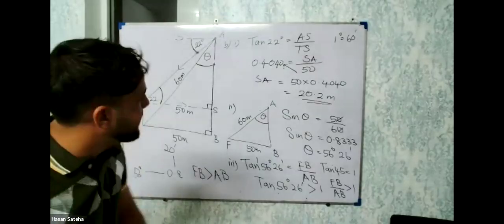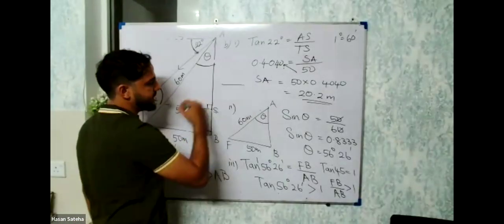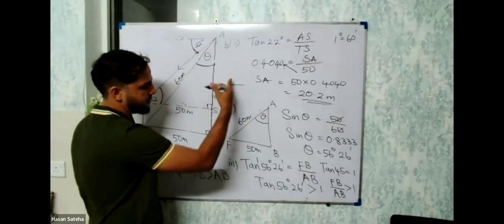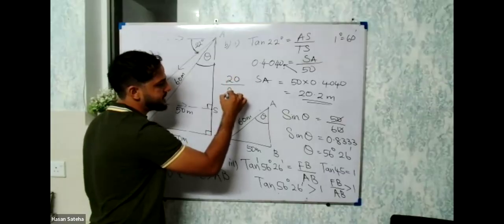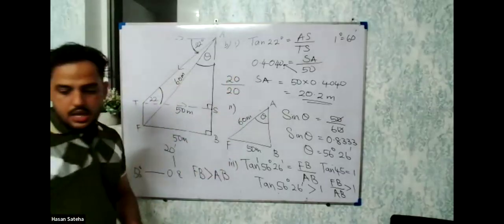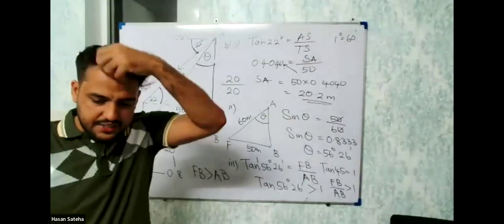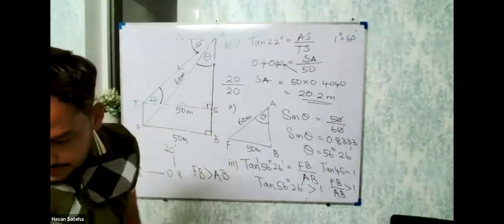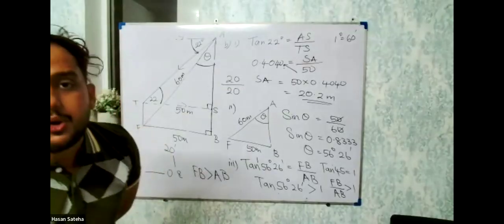Okay, let me give you an idea like this. Whenever you have a fraction, if both numerator and denominator are equal, let's say 20 and 20, what will be the fraction value? 1.